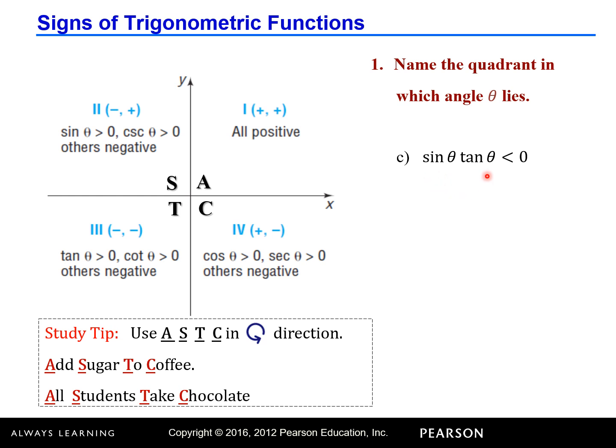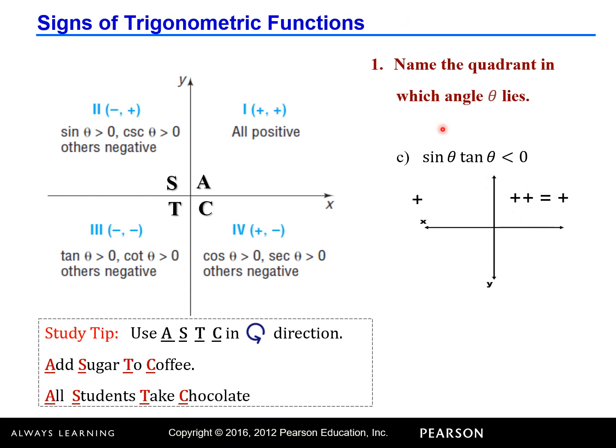Or, both of them have different signs. So what we will do here is test the sign in every quadrant. For example, in the first quadrant, sine is positive and tangent is also positive. If we multiply positive times positive, the product is positive. So theta is not in quadrant 1.